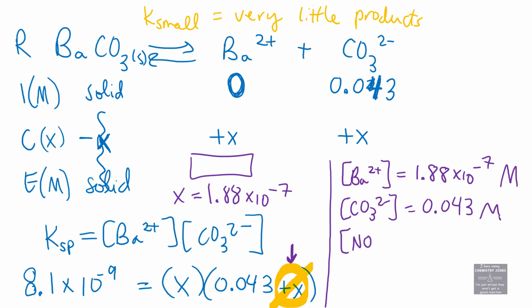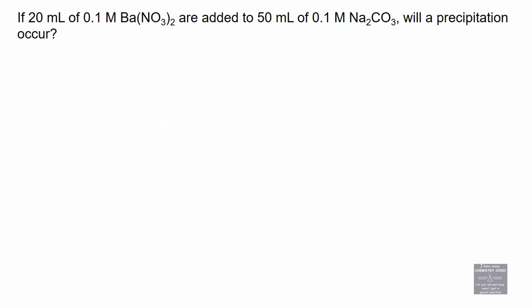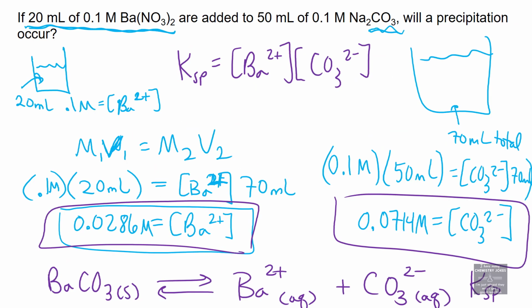There's also some nitrate in solution and some sodium in solution. If I click backwards a little bit, nitrate and sodium, well, if barium was 0.0286, it means that nitrate was 2 times that in my initial solution, because for every 1 barium nitrate that dissociates, you get 1 barium, 2 nitrates.